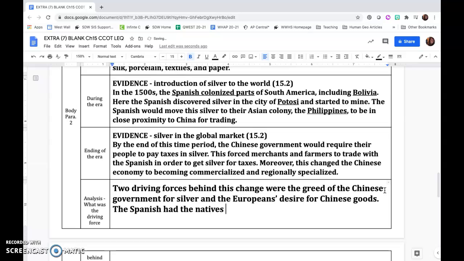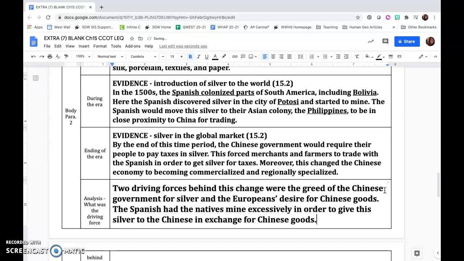The Spanish had the natives mine. So again, the Spanish had the natives mine excessively in order to give this silver to the Chinese in exchange for Chinese goods.